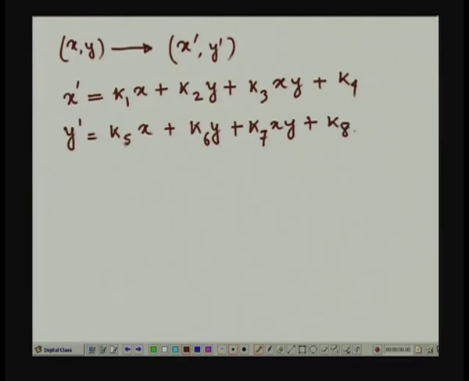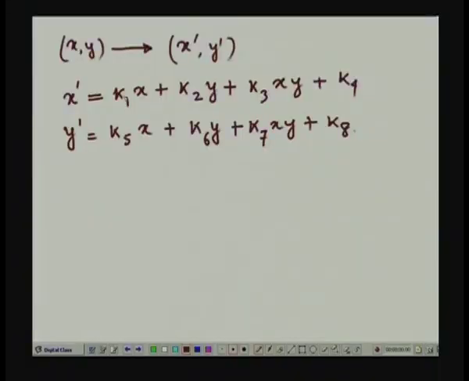So, from this you find that if we can estimate these constant coefficients k 1 to k 8, then for any given point in the original image, we can estimate what will be the corresponding point in the degraded image. So, for computing this k 1 to k 8, because there are 8 such unknowns, I have to have 8 such equations, and those equations can be obtained by 4 pairs of corresponding points from the 2 images.